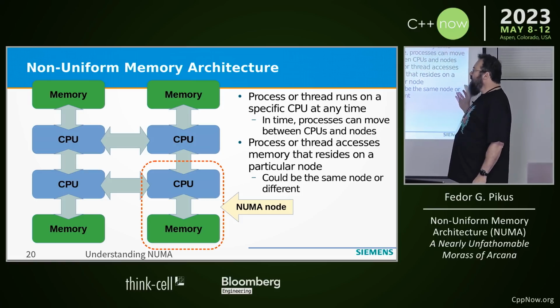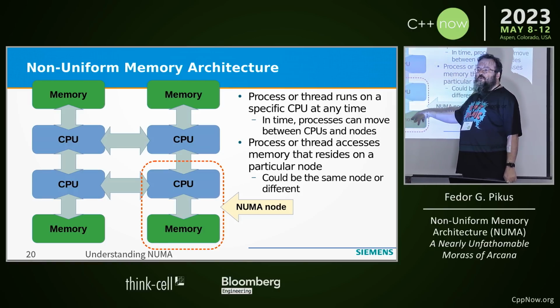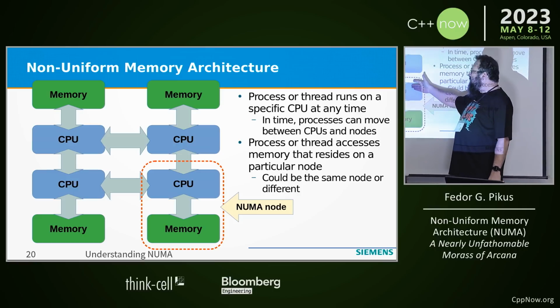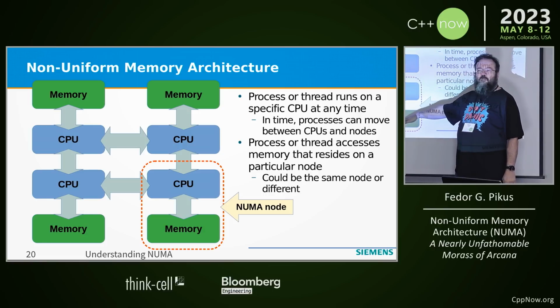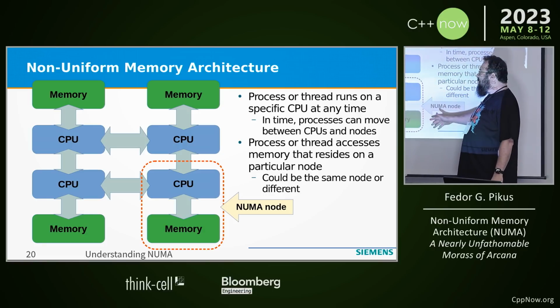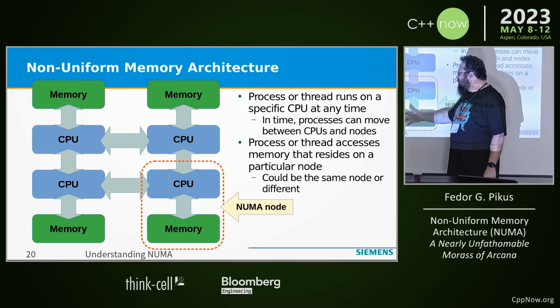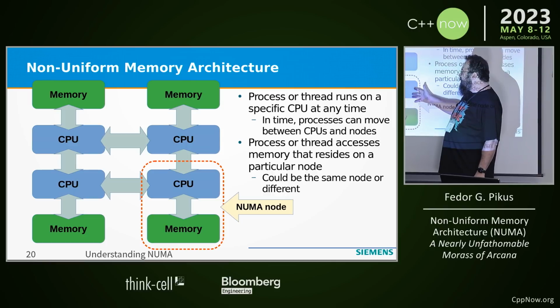But each byte is in some physical memory cell, which means it's on one of these NUMA nodes. So you can have a thread running on some node, and its memory located in physical memory on some NUMA node, could be the same node, could be different nodes.